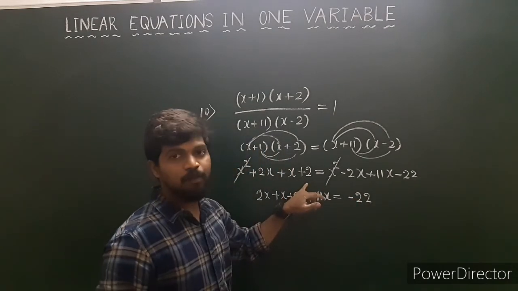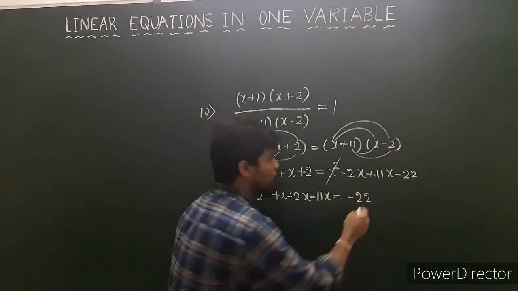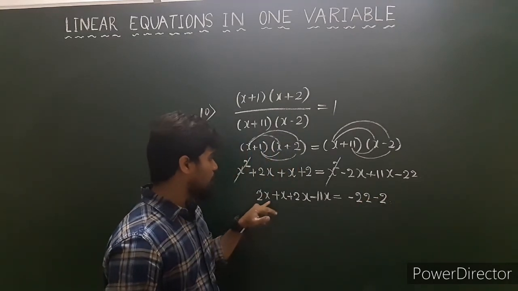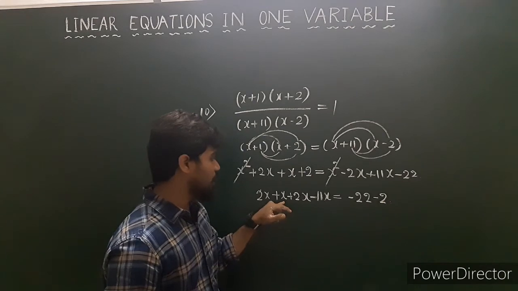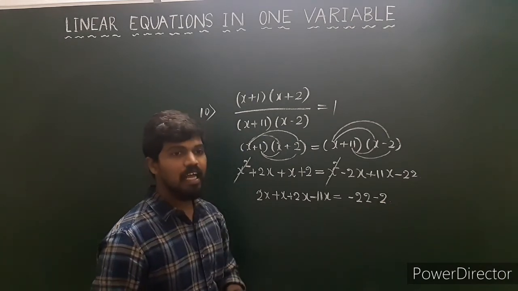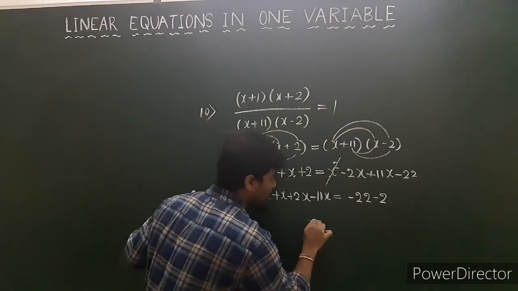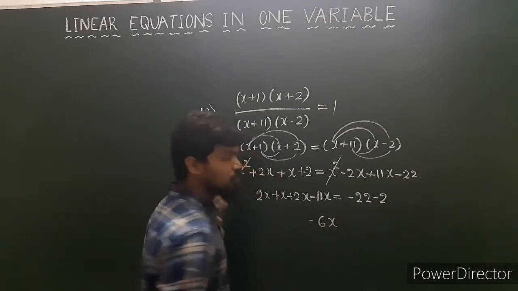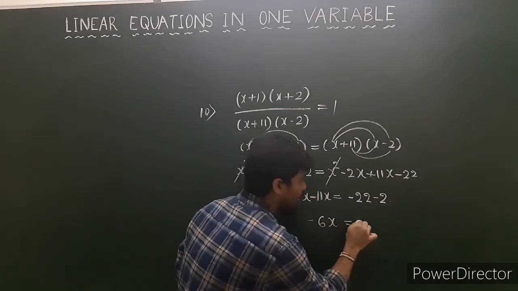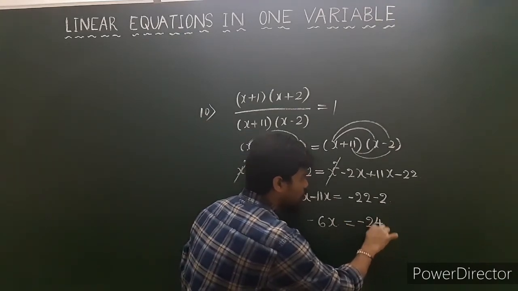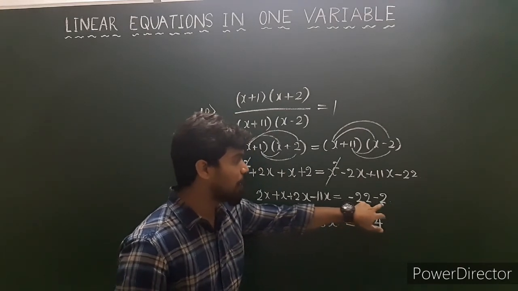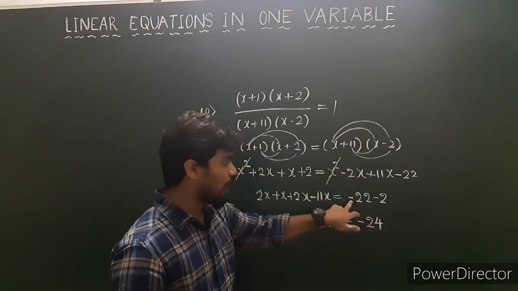And now you transpose plus 2 to this side, you get minus 2. So 2x plus x you get 3x, 3x plus 2x you get 5x, 5x minus 11x you get minus 6x. So you get minus 6x and this side you get minus 24. Since you have the same sign, you add: 22 plus 2 you get 24, and same sign as it is.